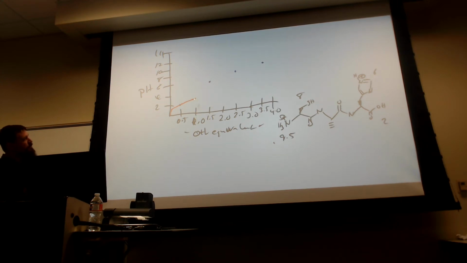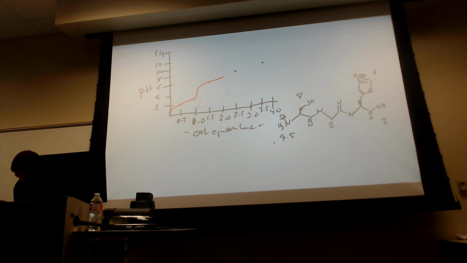Now what's going to happen? It's going to shoot up to minus 1 of the pK, which would be at 5. So 5, and then we're going to have another buffering region. And then it's going to go from 5 to 7, which will end at the second equivalent.